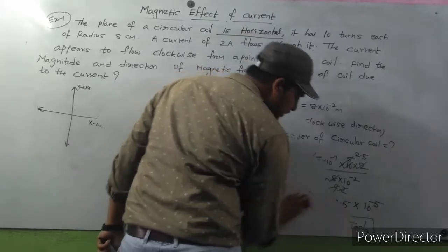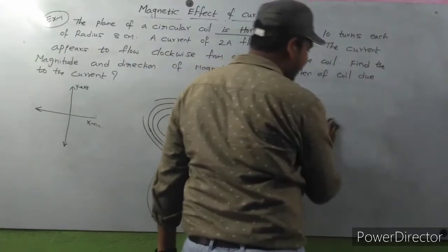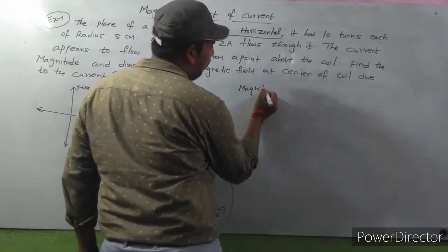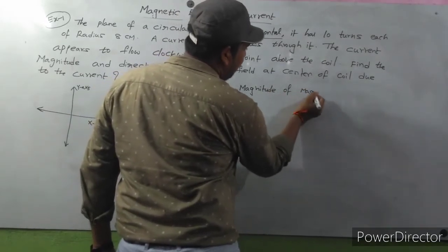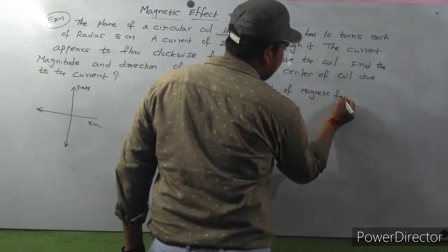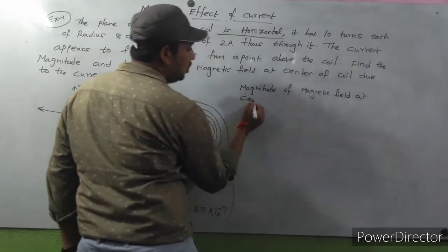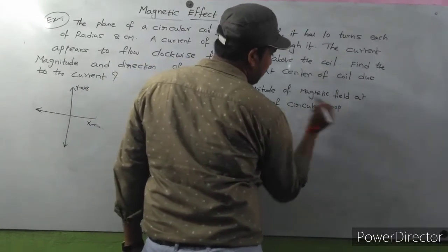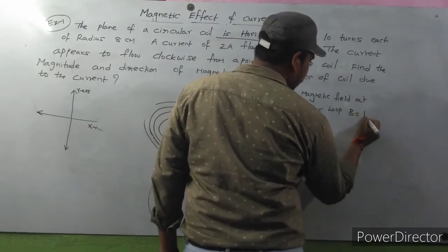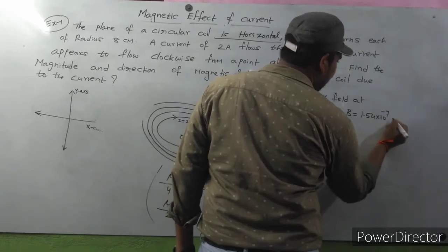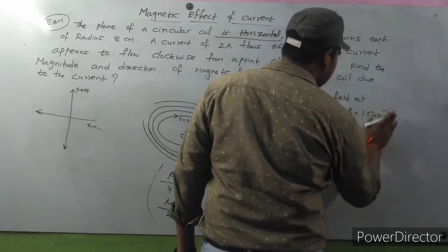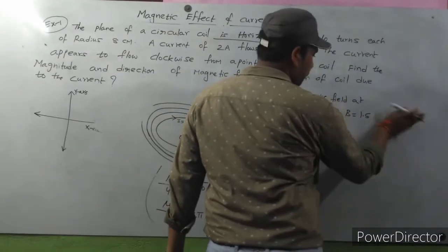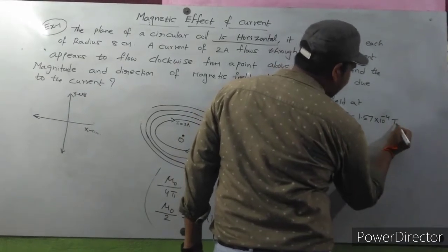So the magnitude of the magnetic field at the center of the circular loop is equal to 1.57 into 10 power minus 4 Tesla.